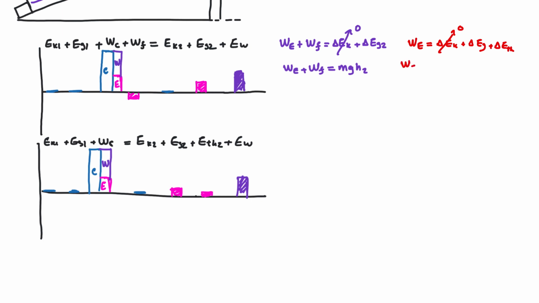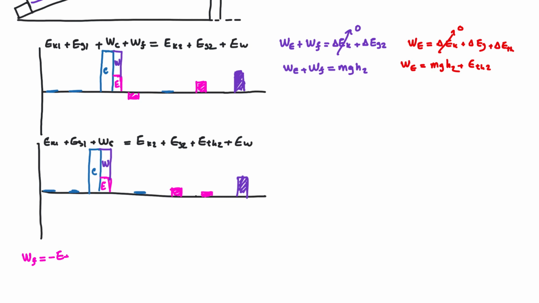And I'm going to get WE is equal to, again, mgh2 plus E thermal 2. All right, okay. So E thermal 2 and WF do have a relationship, and I will write it on the side here in case you forgot it.